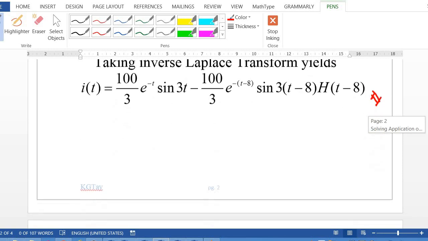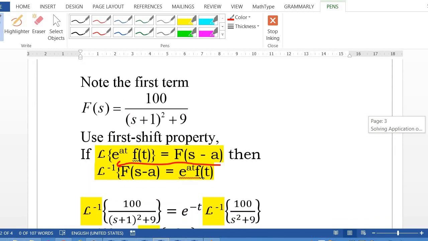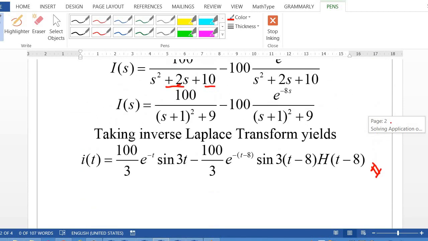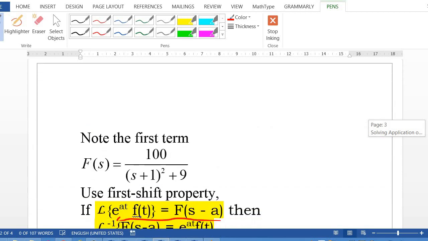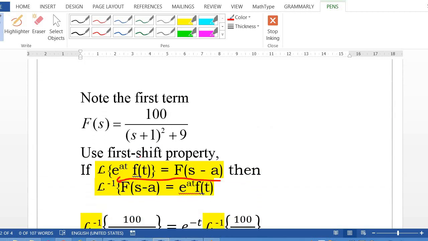Look back at the first term: how do you do the inverse Laplace for 100 over (s plus 1) squared plus 9 and obtain this result? Recall the first shift property: if the Laplace transform of e to the at f(t) is F(s minus a), then the inverse Laplace transform of F(s minus a) is e to the at f(t).